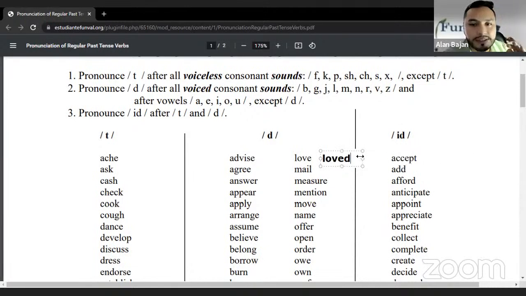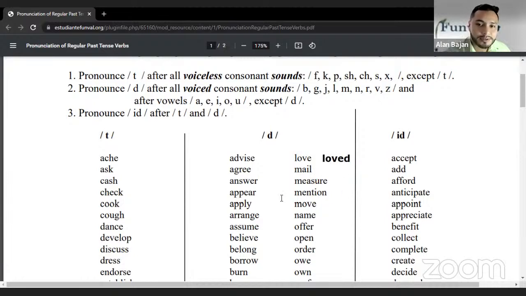Pronounce it d, d, d. The pronunciation is not like with T. Loved is relaxed. Asked is strong. Loved is relaxed. The sound of the D. Loved. It's not "loved," right?